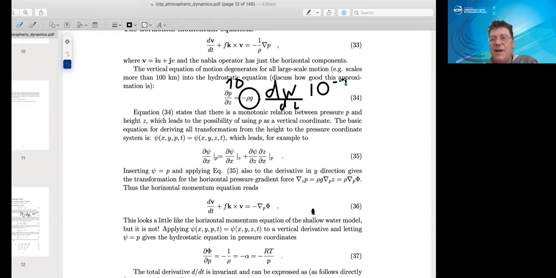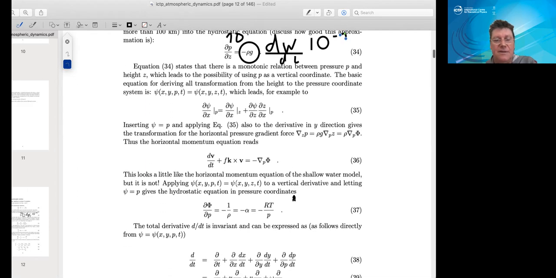So our equation has become a little bit simpler. It's still exact in the framework as much as the hydrostatic equation is exact. This equation is now exact. It's not 100% exact, but it's exact to a high degree of magnitude, let's say.